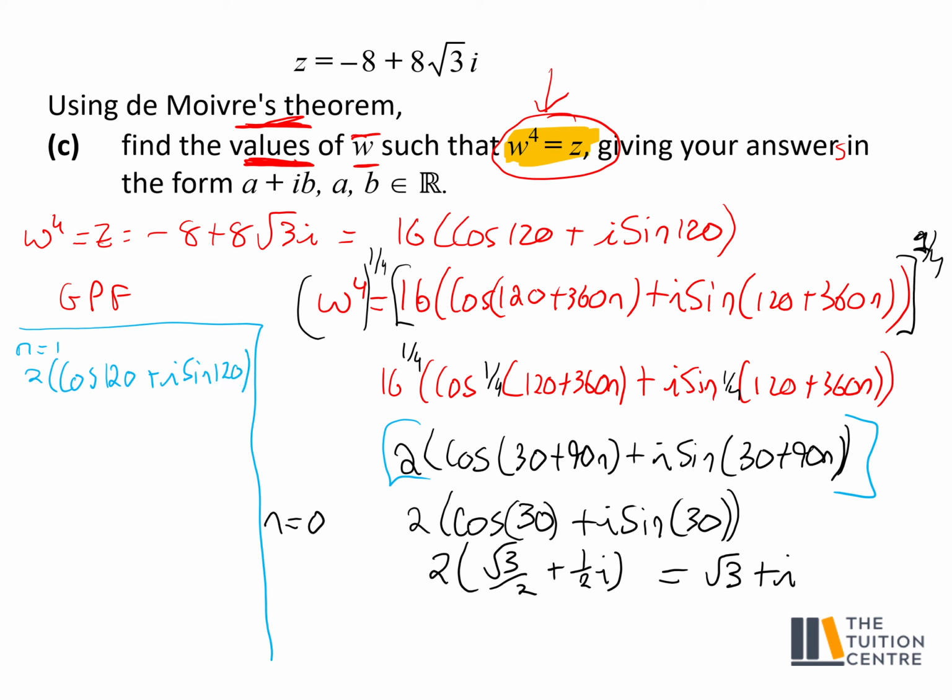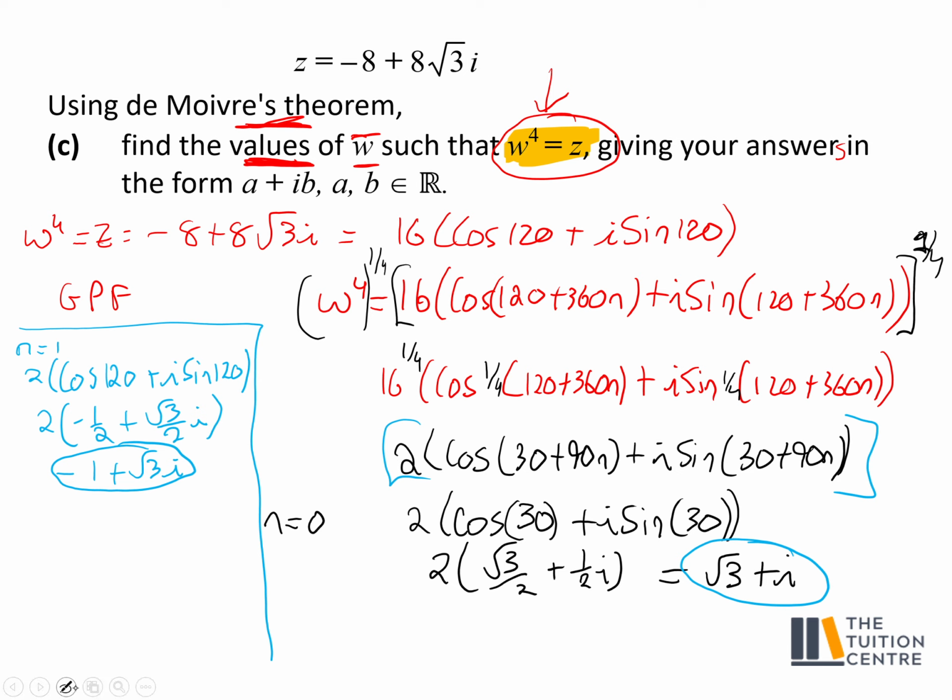Okay, so we're going to be in the second quadrant there, where cos will be negative and the cos of 120 is going to be minus a half. So I'm going to get 2 times minus a half, and this is going to be plus root 3 over 2 i. So that's going to be equal to minus 1 plus root 3 i. So that's my second answer. This is my first answer.